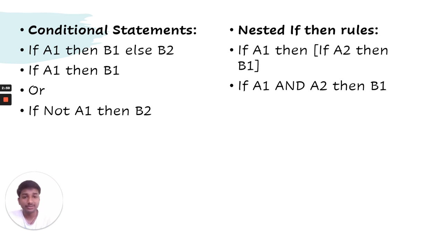If A1 then if A2 then B1. This can be decomposed using AND: if A1 and A2 then B1. If both conditions are true, then only B1 will be done, so that is why we have used AND.